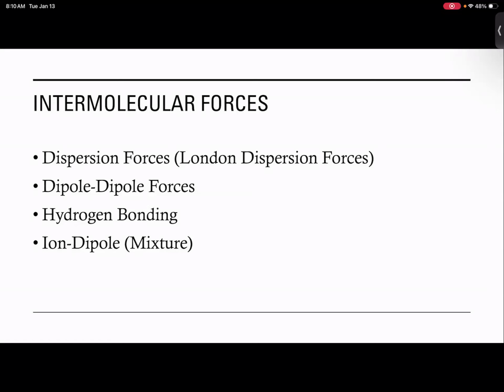The second type of intermolecular force we're going to talk about is a dipole-dipole force. The third is a hydrogen bonding force, and the fourth is an ion-dipole force. These are actually arranged in order of increasing strength of intermolecular force. What I mean by that is, if a molecule can hydrogen bond, that intermolecular force is going to be stronger than if it simply had dipole-dipole forces.